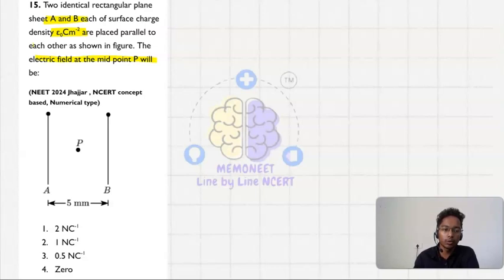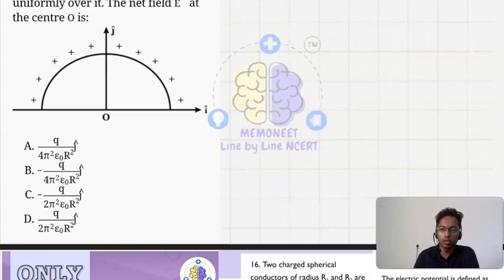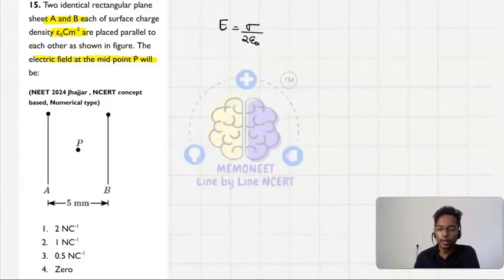We know that for a surface charge on a rectangular plate, the electric field equals sigma upon 2 epsilon. For plate A, the electric field direction will be on this side, and for plate B on this side.